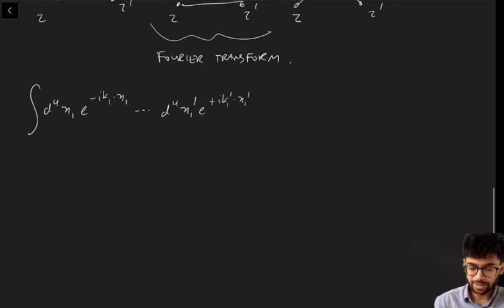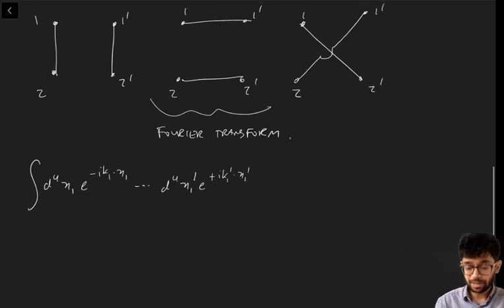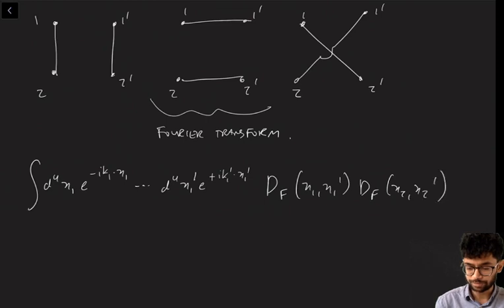And what is the diagram itself? Well, the diagram itself, as you can see, is a Feynman propagator from x1 to x1 prime, multiplying another Feynman propagator from x2 to x2 prime. Okay, because we have these 2 legs, each connected by one propagator. So I now want to understand this Fourier transform as a function of k1 and k1 prime.